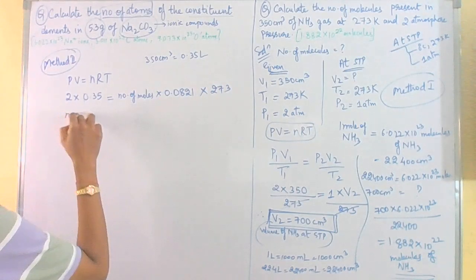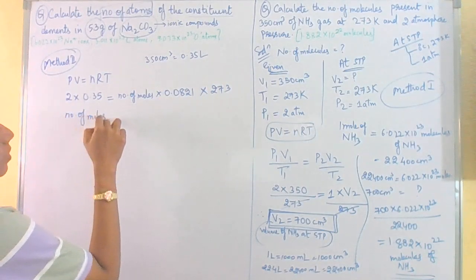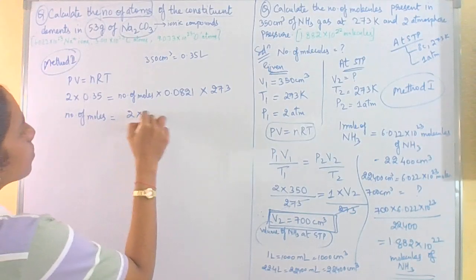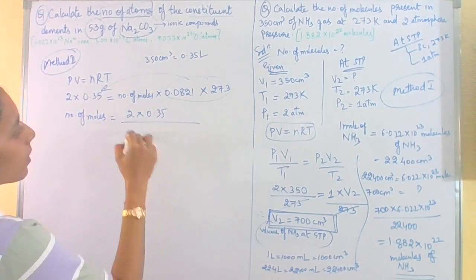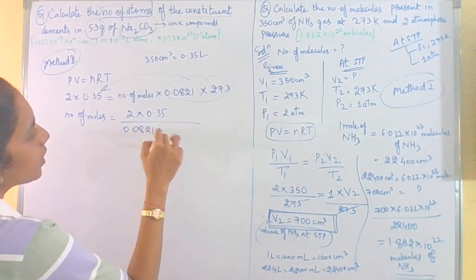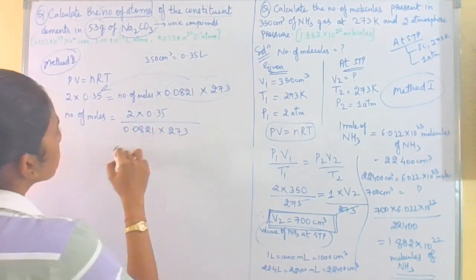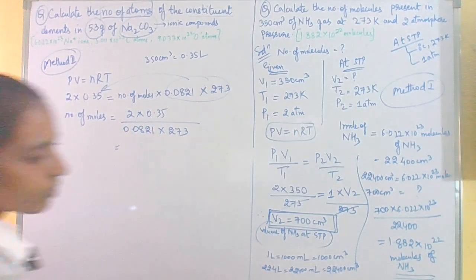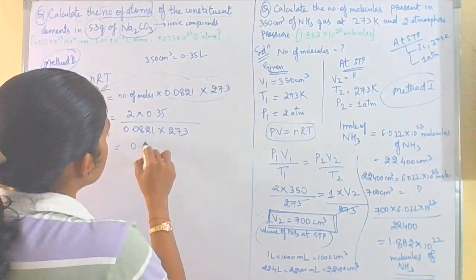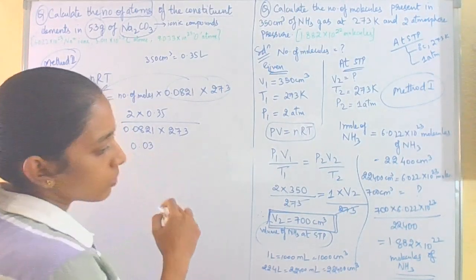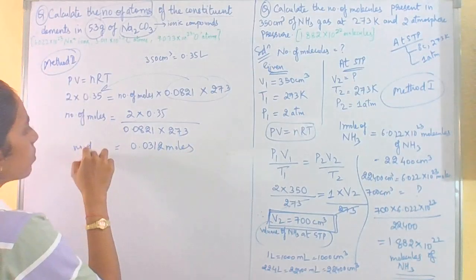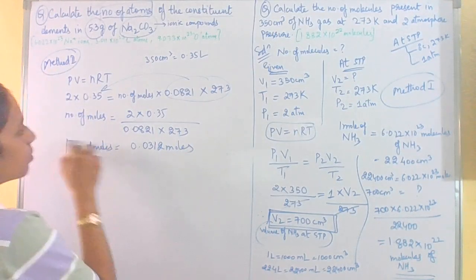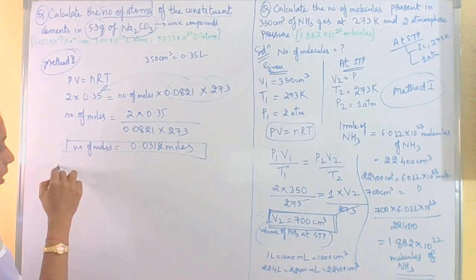So the number of moles we get is 2 into 0.35, taking all this to the left hand side, divided by 0.0821 into 273. So somewhere around 0.0312 moles you will be getting.